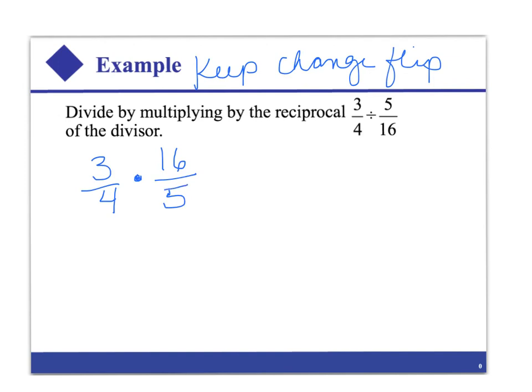And you can do this a couple of different ways. I'm going to simplify here. 4 goes into 4 one time. 4 goes into 16 4 times. Then I'm going to multiply. So I wind up with 12/5. And in this class, you can leave that as your final answer, 12 over 5. I don't necessarily want a decimal answer, and I don't necessarily want a mixed number unless I tell you to find me one.